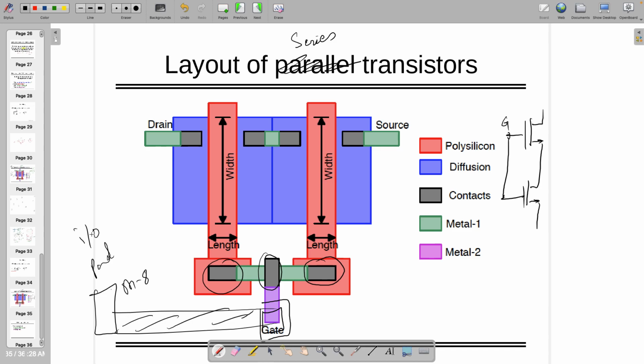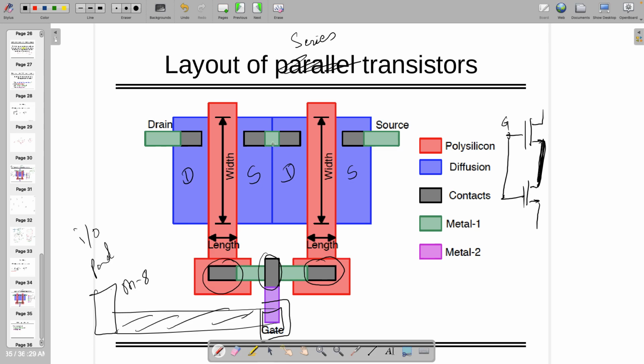So this is one thing. So gates are shorted. This is drain. This is source. I'm not going to call it source because I need to make drain to source connection. By the way, this is known as drain to source abutment in digital circuits. Maybe you will study that when you are going to study NAND gate or any other gates, right?